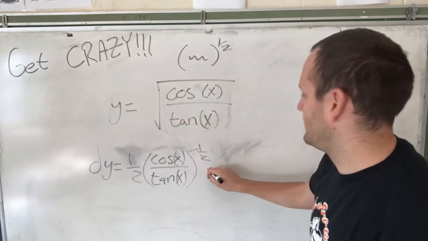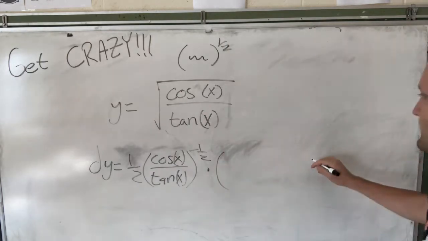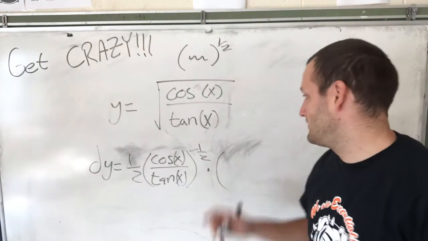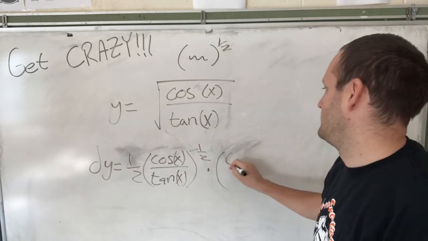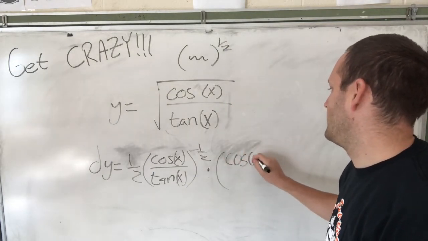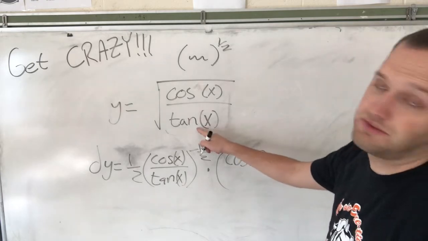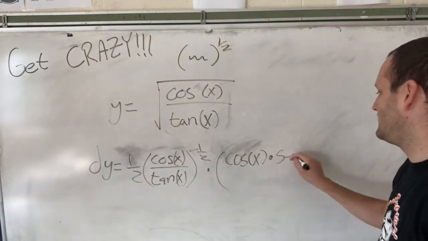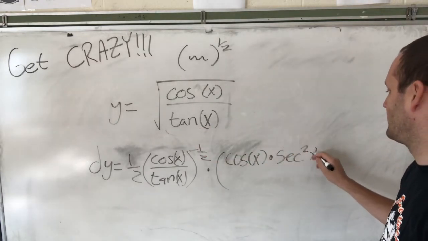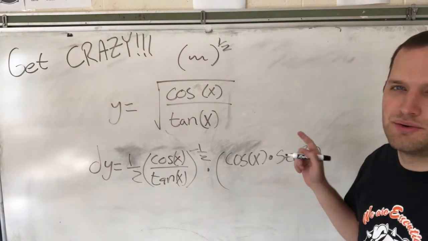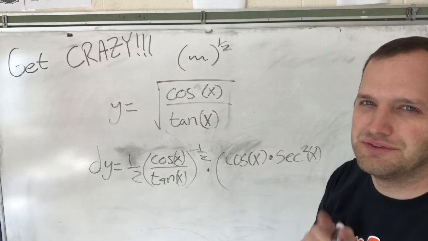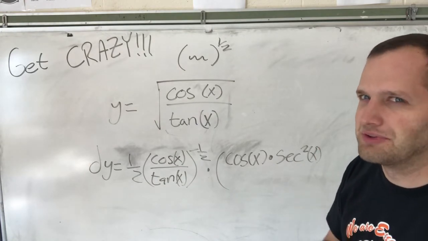Then we're going to multiply that by the derivative of the inside. The derivative of the inside is the top times the derivative of the bottom. So the top is cosine x times the derivative of tangent x is secant squared x. Okay, if you use that table, it would have told you. Also, on most tests, a teacher would give you like a cheat sheet with all these different formulas on it.